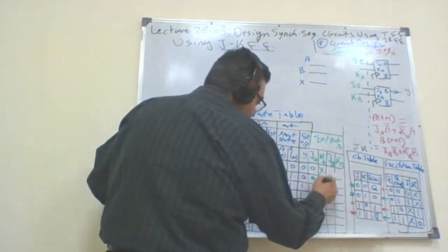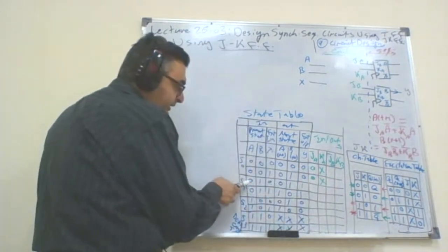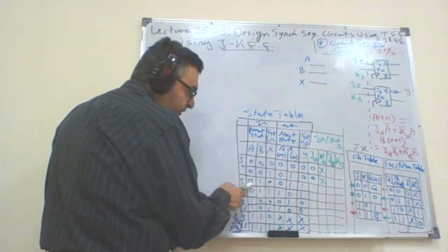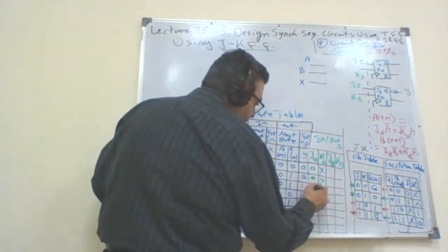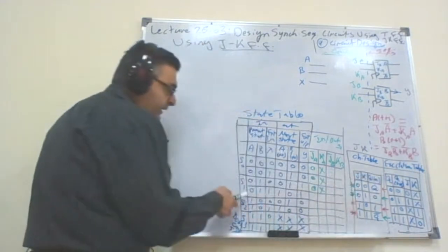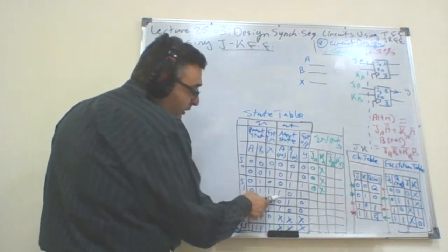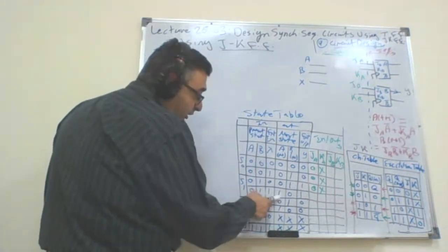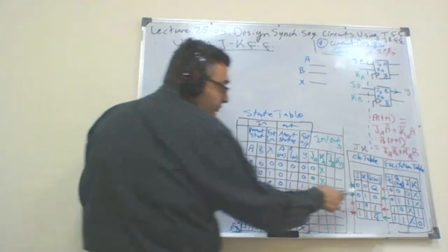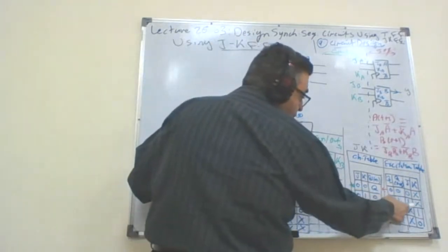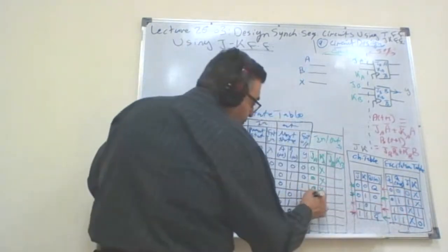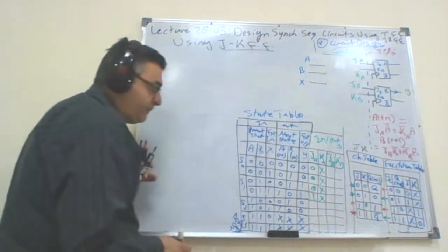Again, 0 X. Again, next, 0 with 0 means I also have to use 0 and X. Then, here, 0 and 1. 0 and 1 from the table is 1 and X. So I have to use 1 and X.